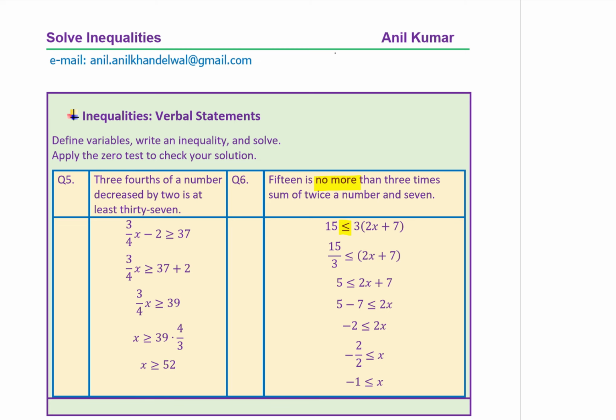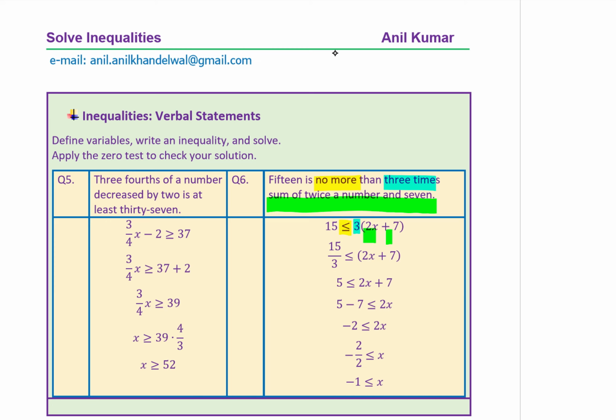You see that? Sum of twice a number, 3 times, so that is 3 times the sum of twice a number and 7. So within the brackets, it's a very compound statement which you see, right? We have done this kind of statements earlier in equations and expressions.